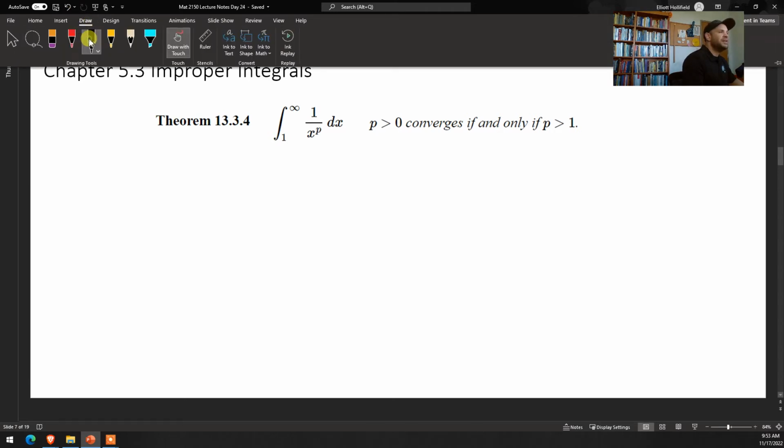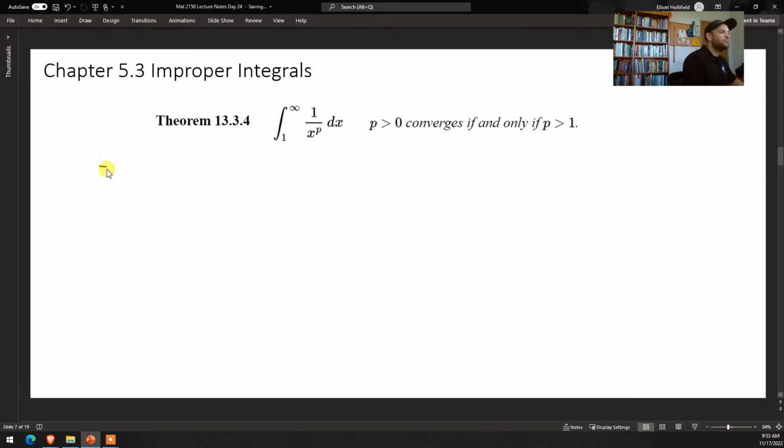So now we'll follow the same steps as before. This integral will be equal to the limit as b goes to infinity of the integral from 1 to b of x raised to the minus p dx. Now we get the limit as b goes to infinity of x raised to the minus p plus 1 divided by minus p plus 1.